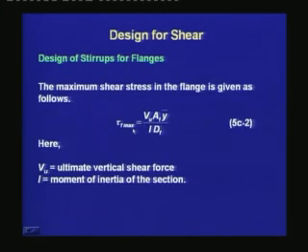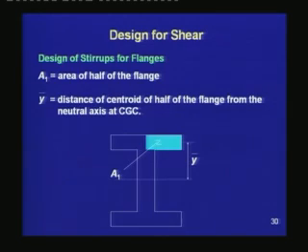The expression of tau f max can be derived based on the elastic analysis. It is analogous to the expression of a shear stress at a level of the web, and it is expressed in the terms of the area of half of the flange and the distance of the centroid of that area from the CGC.